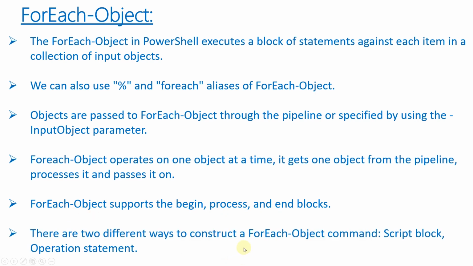We can construct the ForEach-Object command in two ways. Either we can use a script block or we can use an operation statement. If we are using a script block, we have to write the entire statement inside curly brackets and we have to use the automatic variable. If we are using an operation statement, then curly brackets and the automatic variable are not needed. We can straight away use the property and the operation we want to perform.